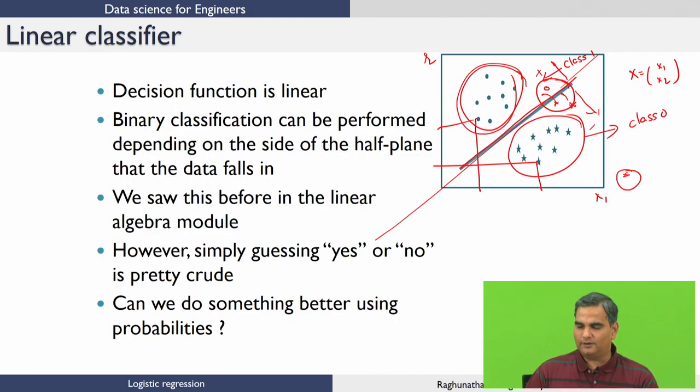So, I would like to say that the probability that this belongs to class 1 is much higher than this because it is far away from the decision boundary. So, how do we do this is the question that logistic regression addresses.